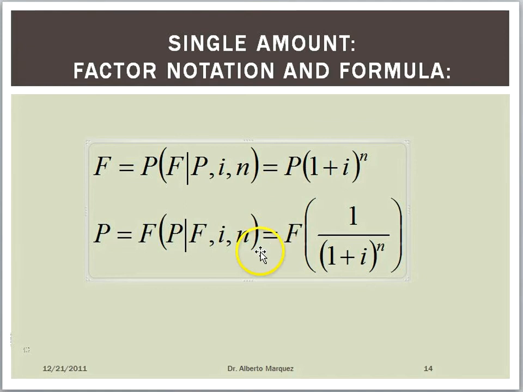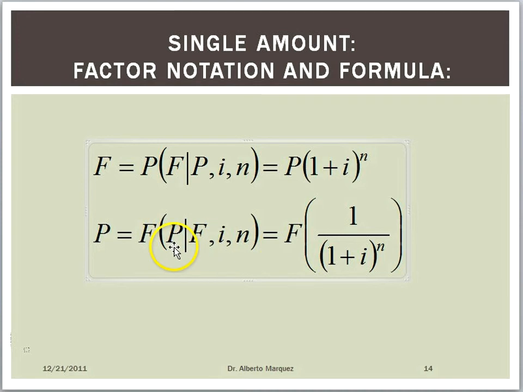Conversely, we can find a present value if we knew a future value, and we have a factor. Of course, by simple algebra, this factor now becomes 1 over (1 plus i) to the n. That factor can be written for short as P given F, i, n.